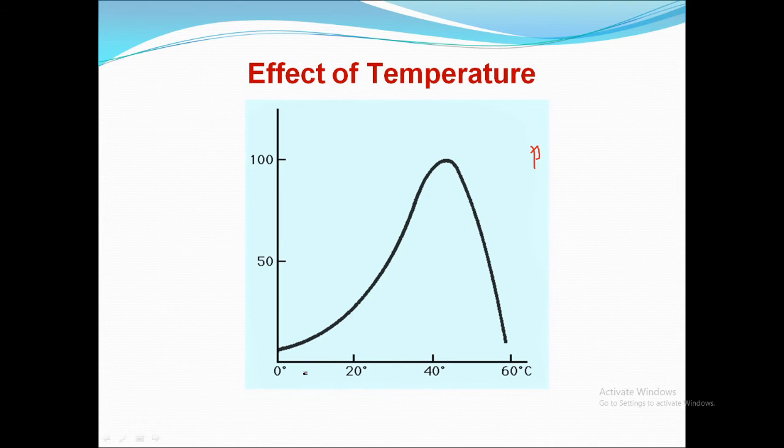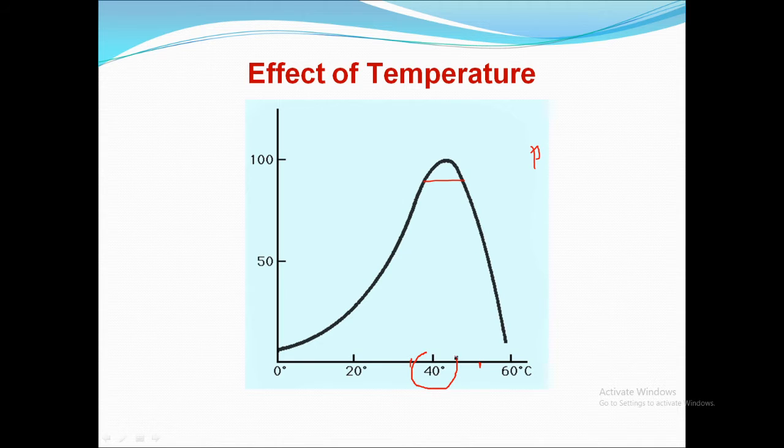what exactly happens with the activity of the enzyme? As you can see in this graph, this is the activity graph. The enzyme shows its highest activity within some temperature range, and that range is, here we can say, 25 degrees Celsius to 45 degrees Celsius, but still that range is in and around 40 degrees Celsius.